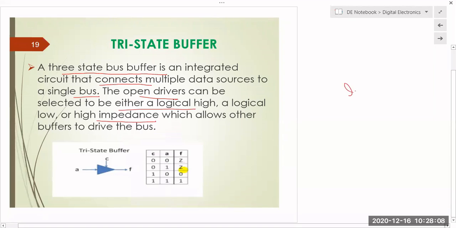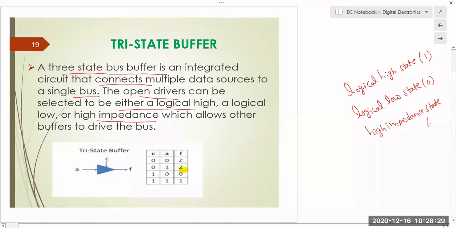One is the logical high state, which is 1, another is the logical low state, which is 0, and the next one is the high impedance state, which is nothing but Z. These 3 different states allow other buffers to drive the bus.